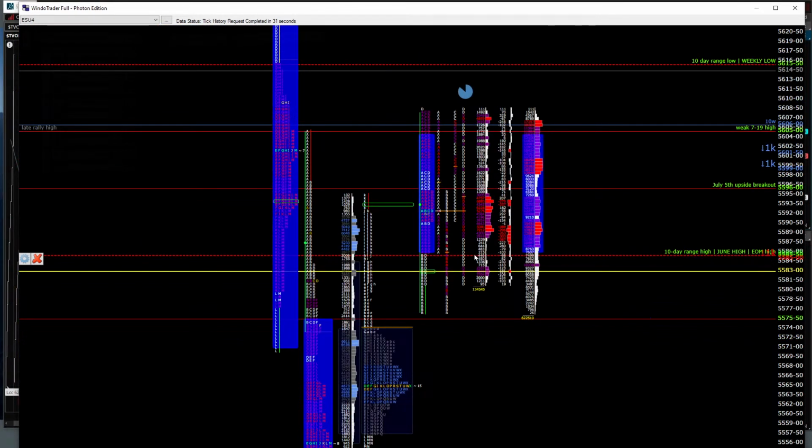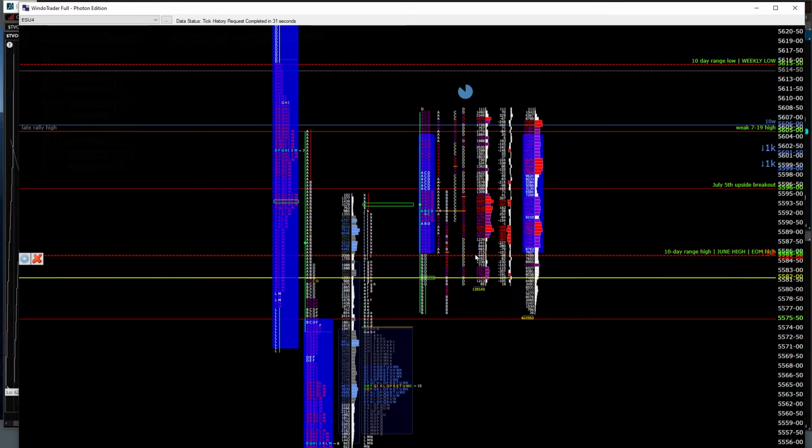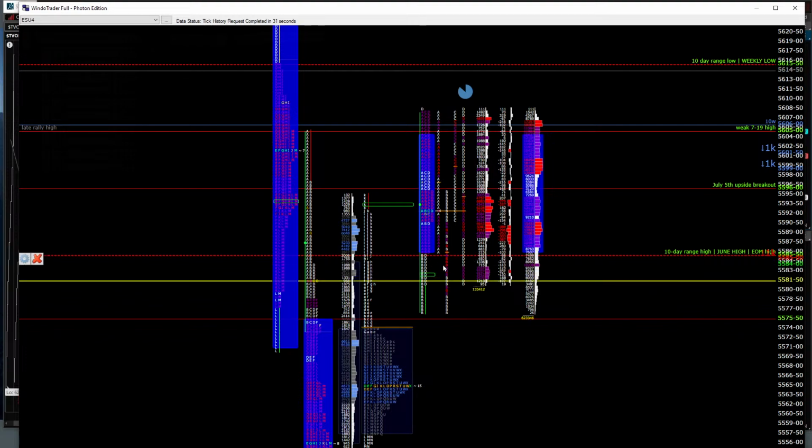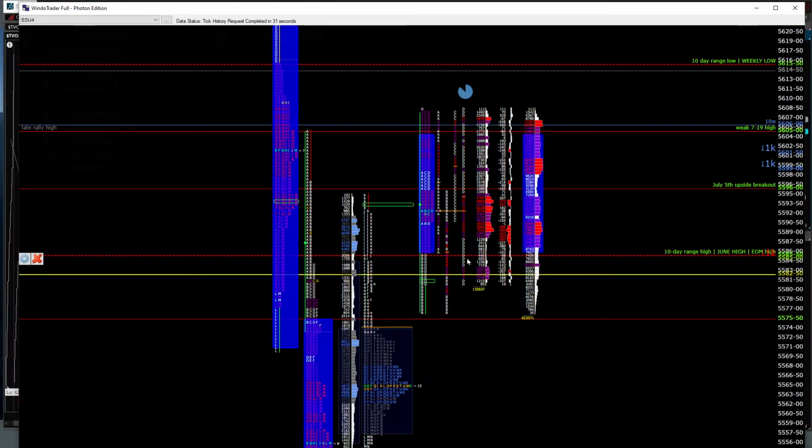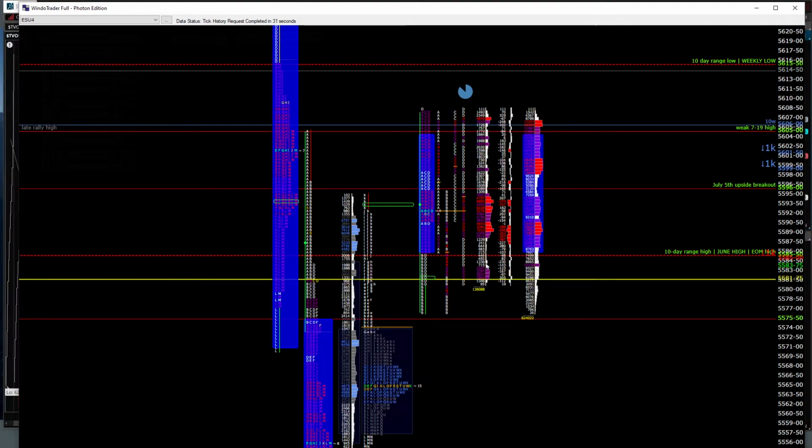But for today's intraday session, there's a huge block here. Okay, so now the developing of this trade can start actually right now.